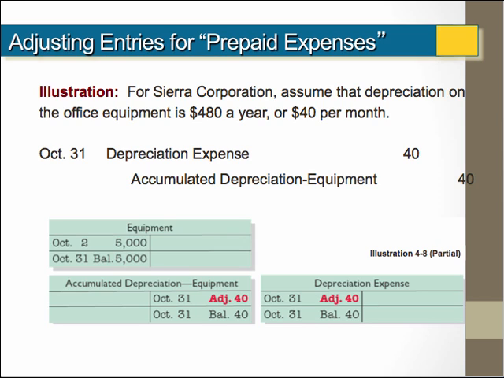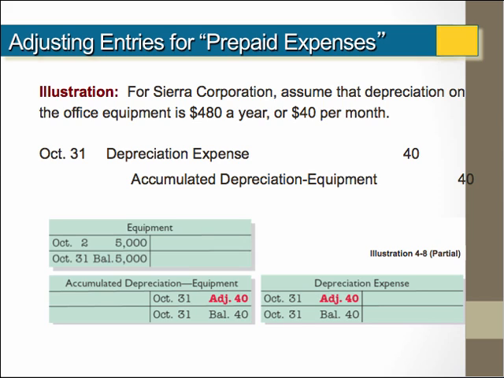We would credit the accumulated depreciation account for the $40. Note, we're not going to reduce the value of the equipment because we want to show what the equipment actually cost. We also created this account called accumulated depreciation, and we reflect the usage of the equipment in this account.